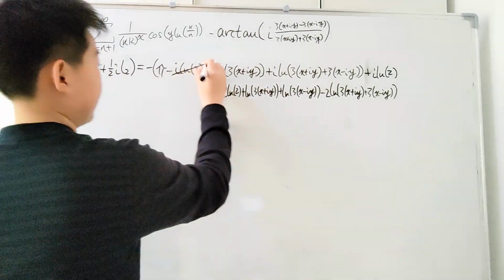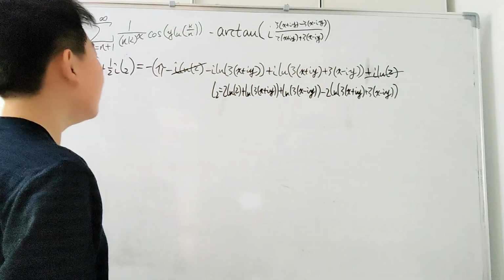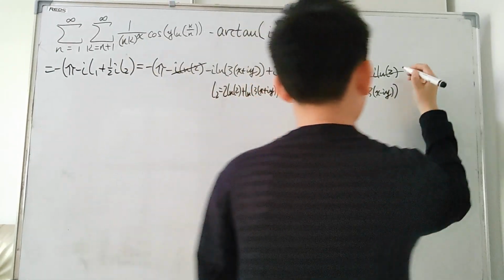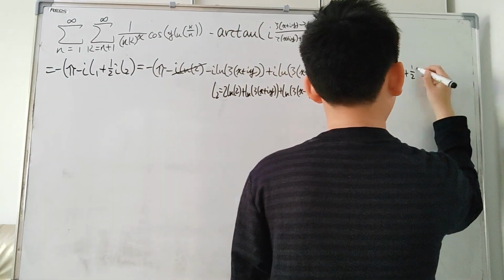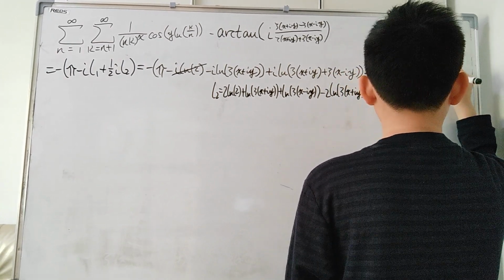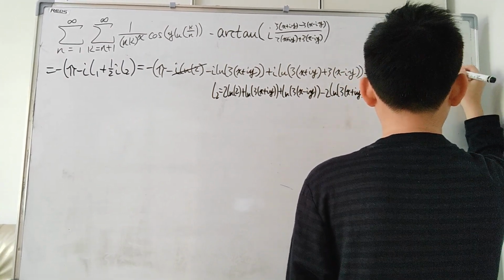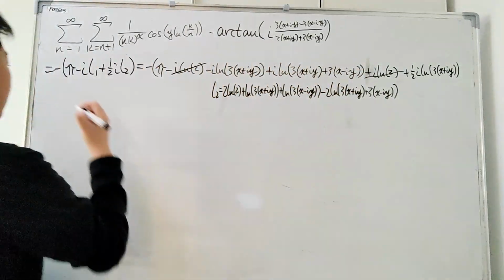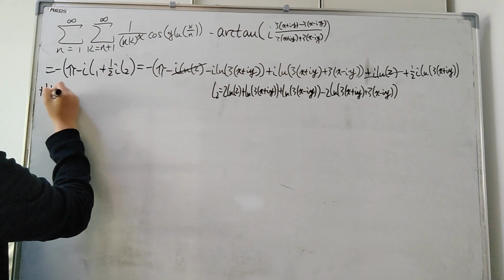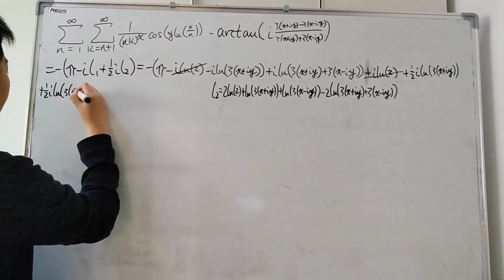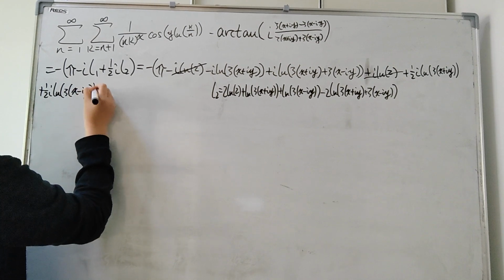There's our first cancellation. And then we have plus 1/2 i natural log of zeta of x plus iy, and then plus 1/2 i natural log of zeta of x minus iy.